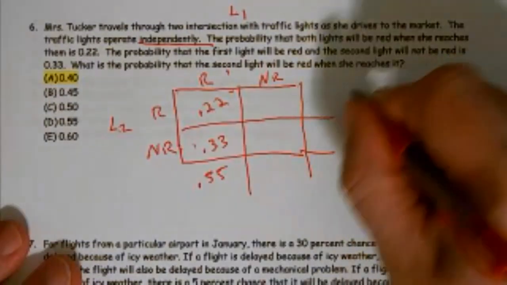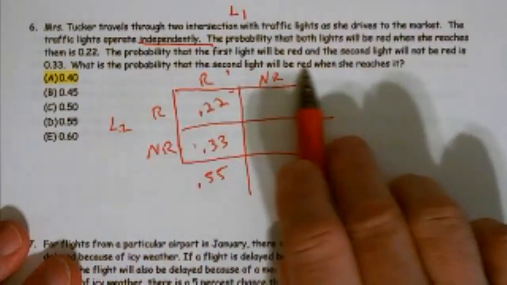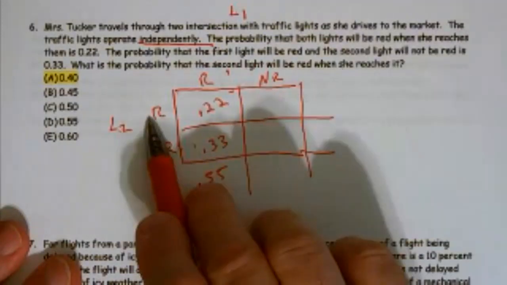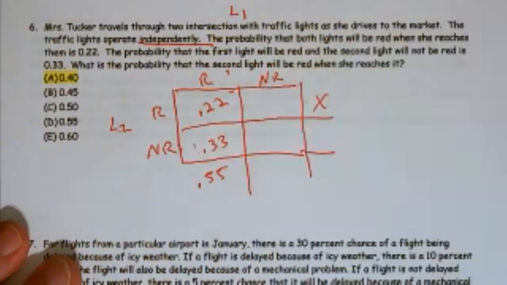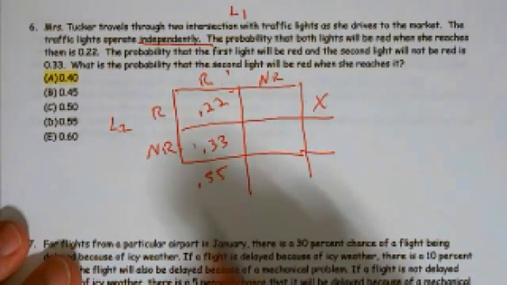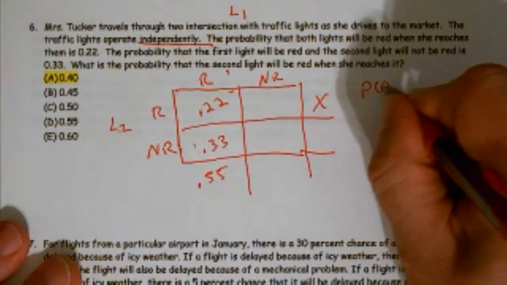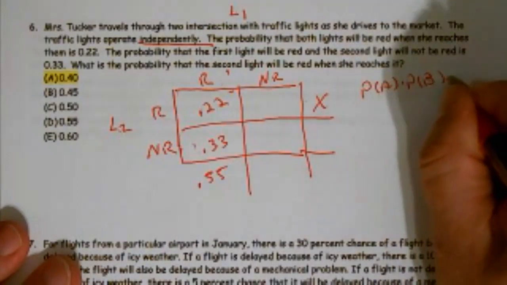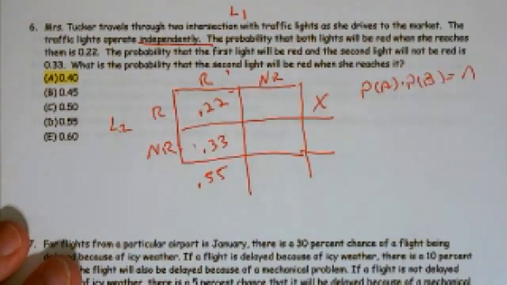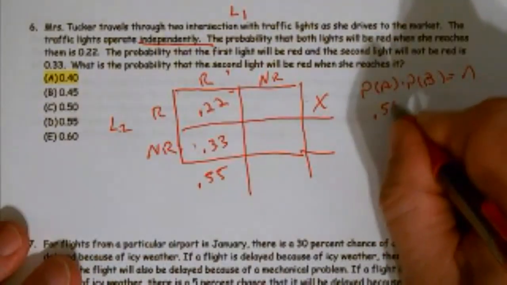And remember, they said, what is the probability the second light will be red when she reaches it? So we're interested in this value right here. Second light's red. Well, remember the probability of A times the probability of B equals the intersection if they're independent. Well, we know that this is 0.55.